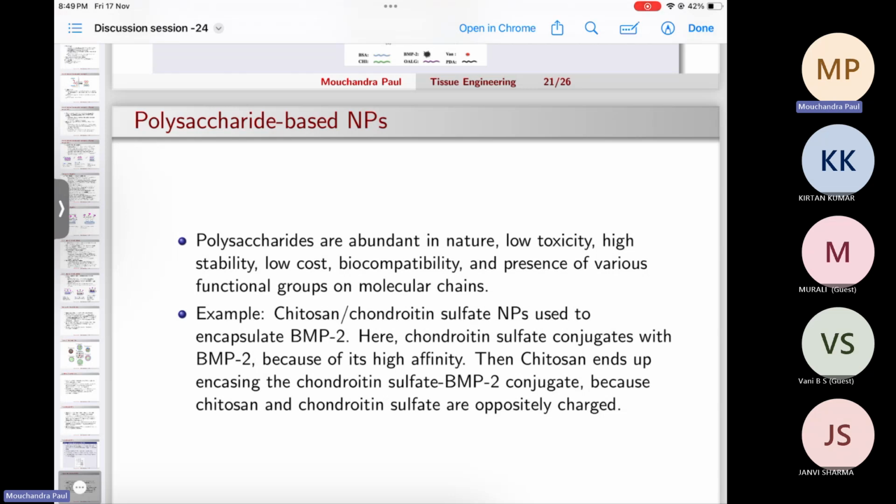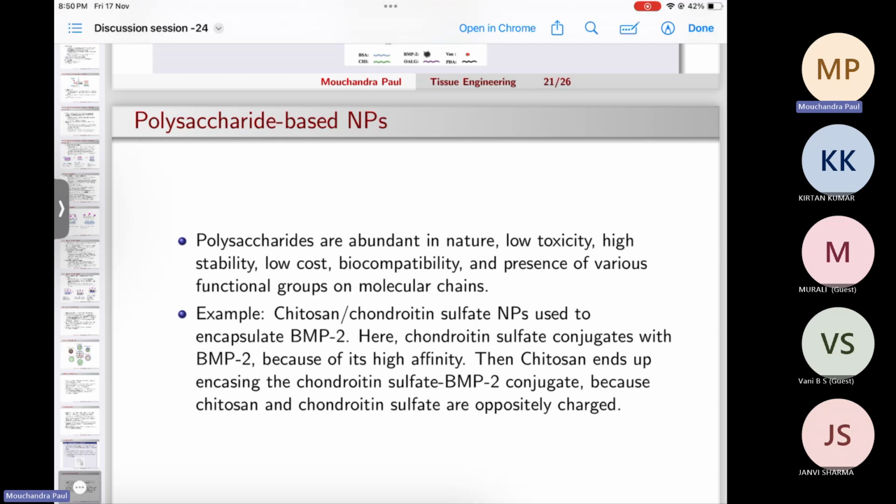Now rather than using the proteins, we can also use polysaccharides. Polysaccharides as a material are abundantly found in nature. They are of very low toxicity, highly stable in structure, and cost is low, so we can use them as much as possible.